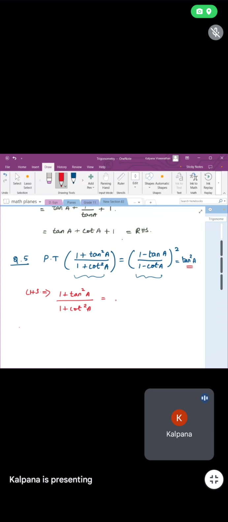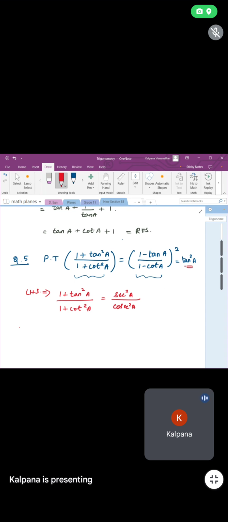One plus tan square A is what, children? Secant square A. Very good. Divided by, I want answers from all of you, cosec square A. Cosecant square.